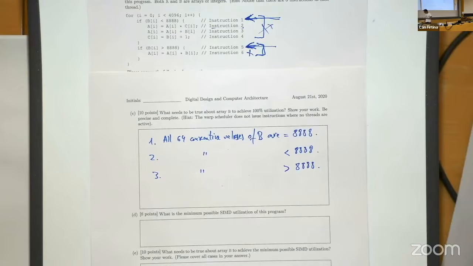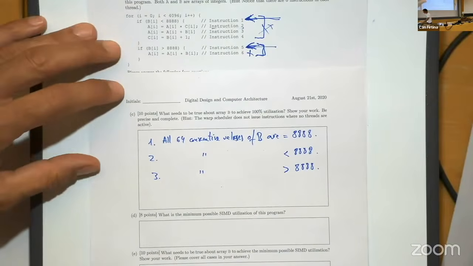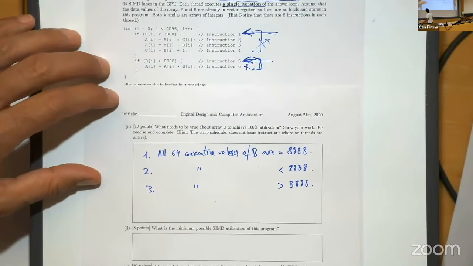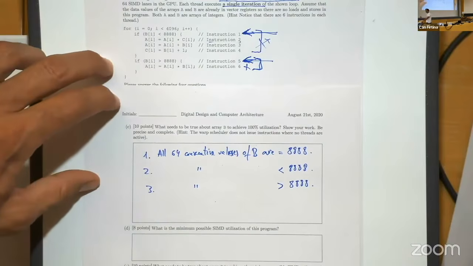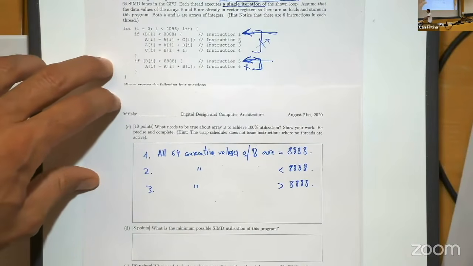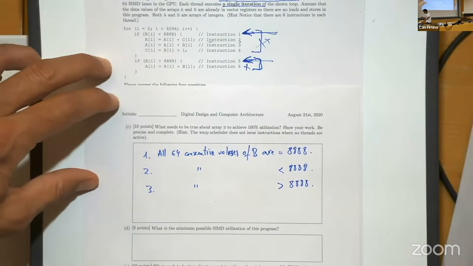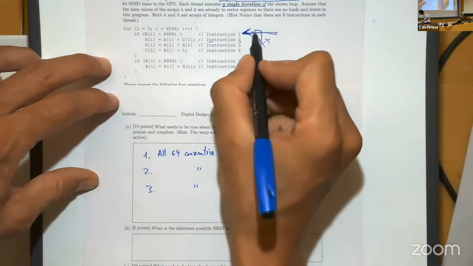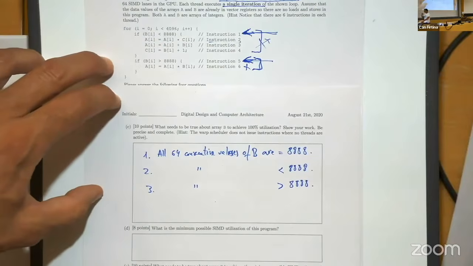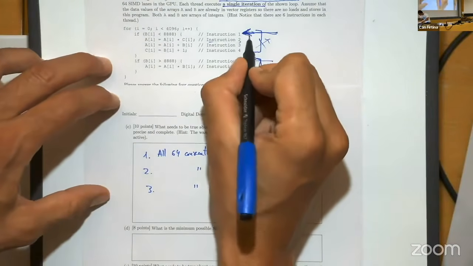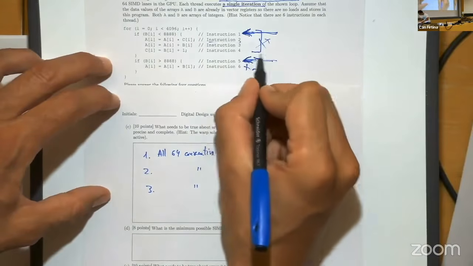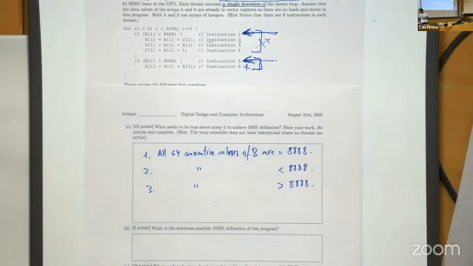And in this case, what happens is that we have as much divergence as possible. That's the case where the SIMD utilization is the minimum. And we already know that in this code, there are two instructions that are always executed by all 64 threads. The two instructions are instruction 1 and instruction 5. Threads always evaluate the condition.